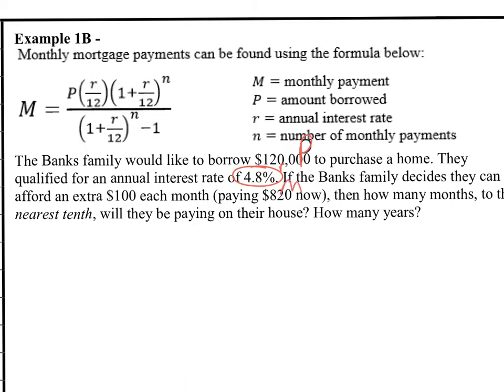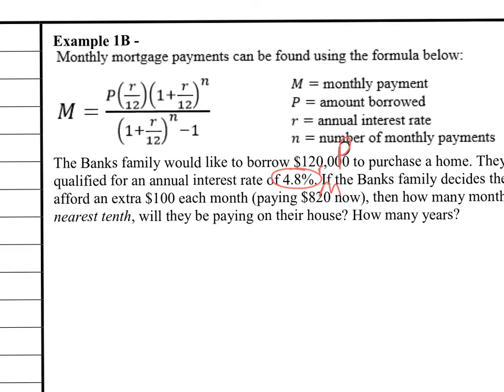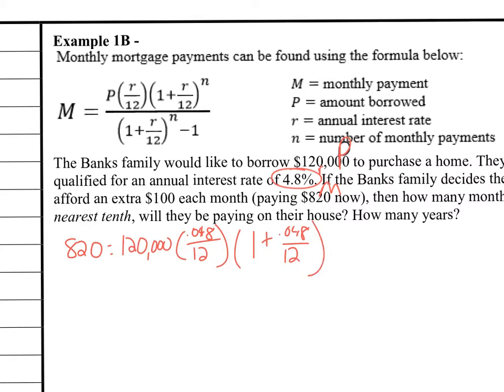So we're going to plug in again, just like we did before. Plug into this formula so we can solve for how long, N. All right, so 820 is the start. That's M. Equals P, which is still the $120,000 home, just increasing how much we're going to pay. The rate is still the 0.048 all over the 12, and it's 1 plus the 0.048, again that's 4.8 over 100, all raised to the power n.